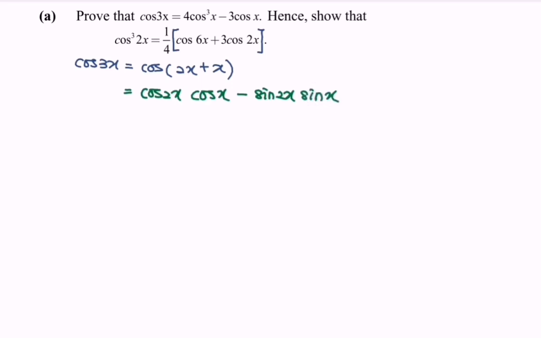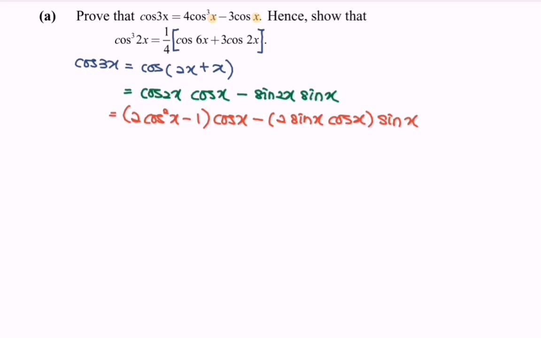Then substitute the situation so that we can obtain the angle x for the right hand side by using the double angle. So 2 cos square x minus 1 multiply with cos x minus, again by using the double angle for sin 2x, we will have 2 sin x cos x multiply with sin x.